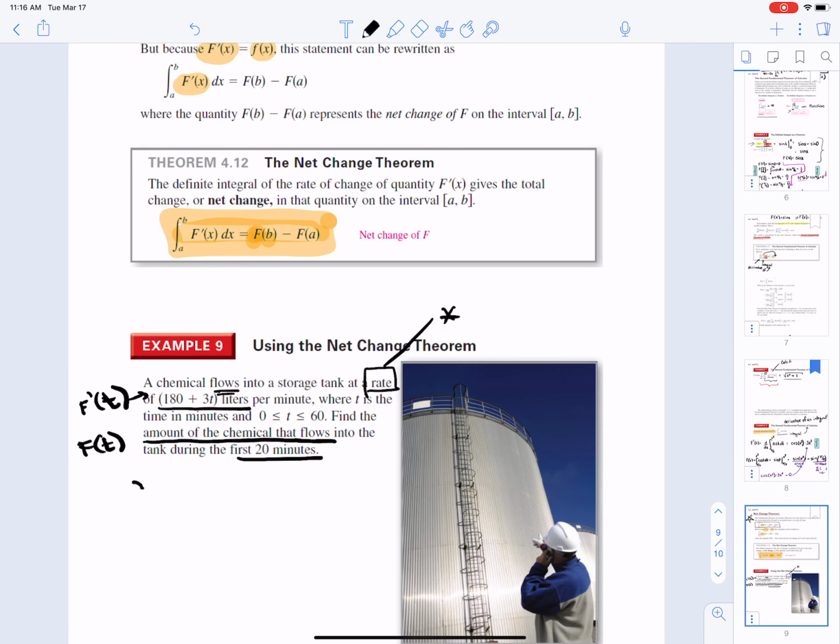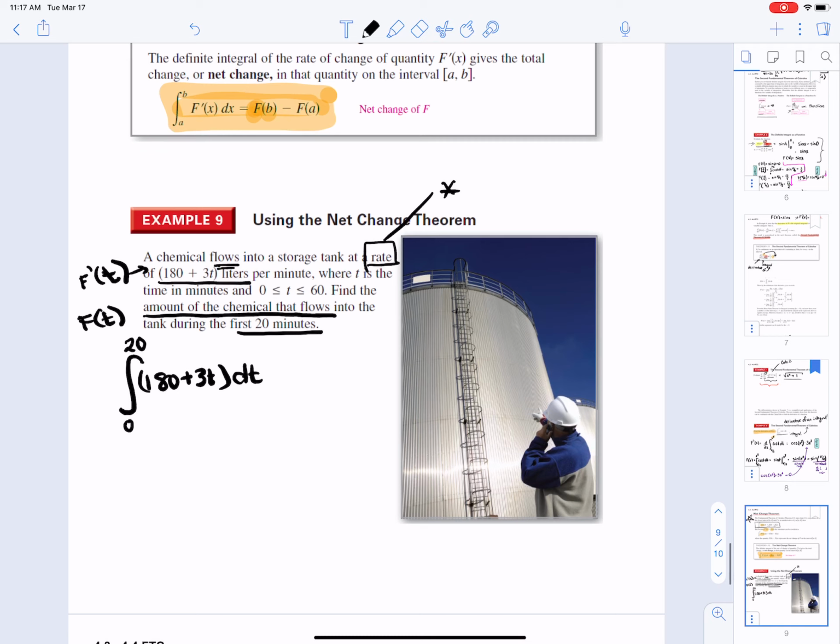So here we're going to do the integral of 180 plus 3t dt. And we were interested in the amount of chemical that flows in the tank for the first 20 minutes. So my integral is only going to go from 0 to 20. Regardless of whether I'm using the net change theorem or not, I've been given a function here. To do this integral, I take the antiderivative of the function, which is 180t plus 3 over 2 t squared.